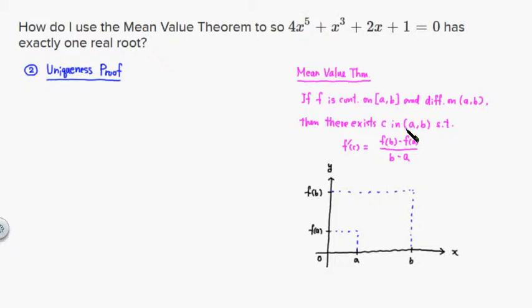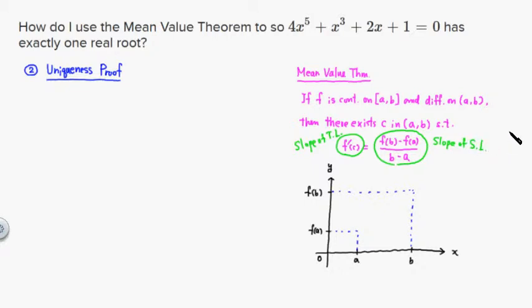Alright, if you remember, the derivative tells you about the slope of the tangent line, so you can think of this as the slope of the tangent line, right? And the difference quotient, remember, is the slope of the secant line, right?